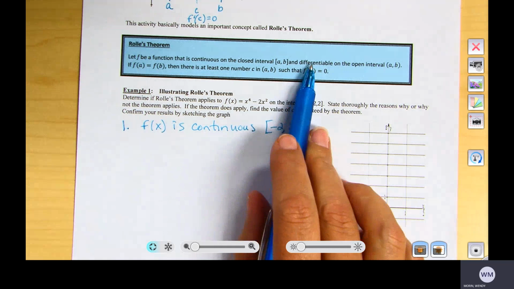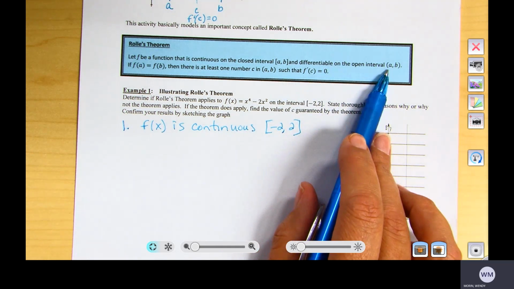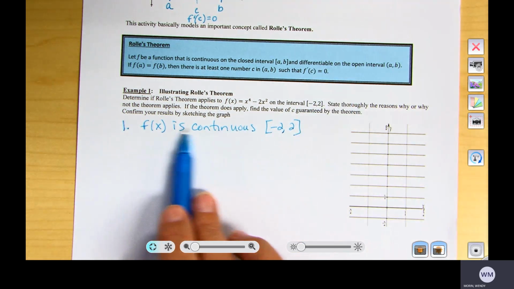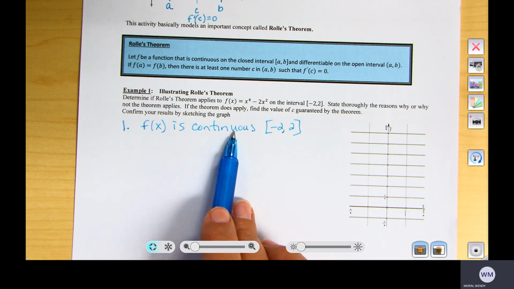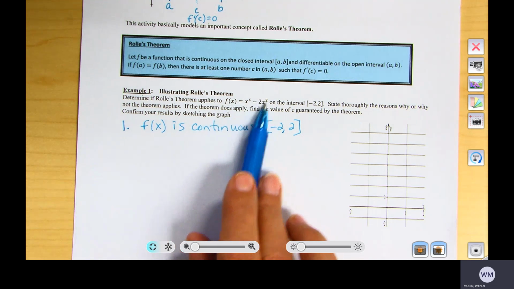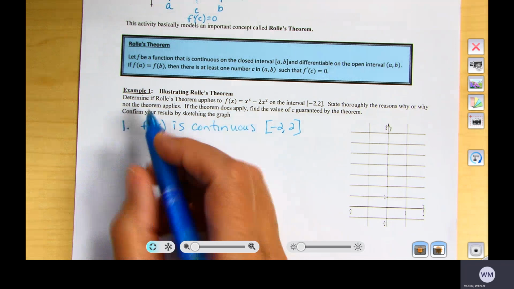Second thing, is it differentiable on the open interval? Well, just because it's continuous doesn't mean it's differentiable. Again, I've already talked about points of vertical tangency, cusps, vertical asymptotes. Do we have any of that on a polynomial? Can you take the derivative of this polynomial? Yes, you can.